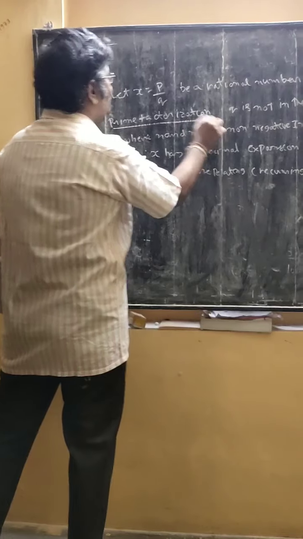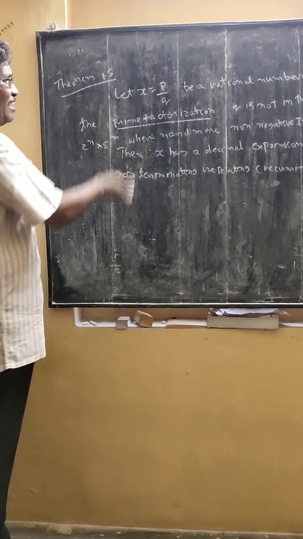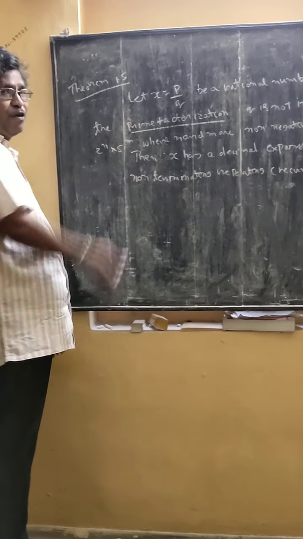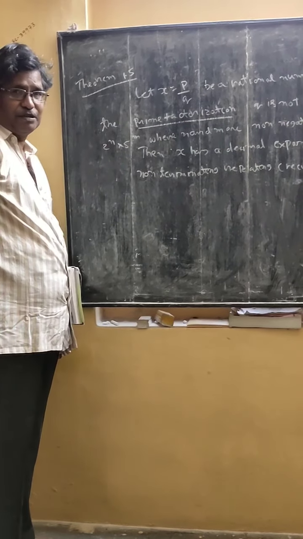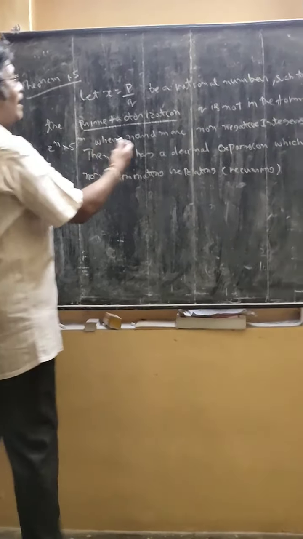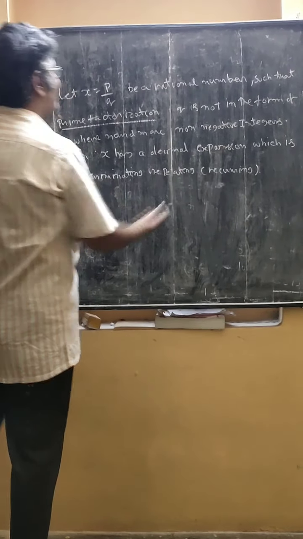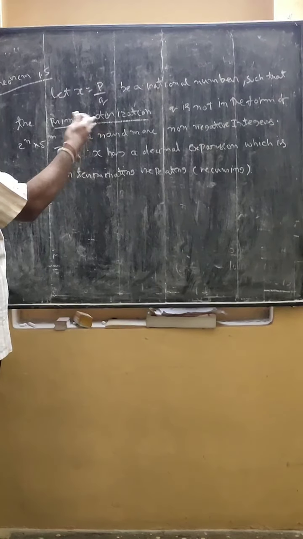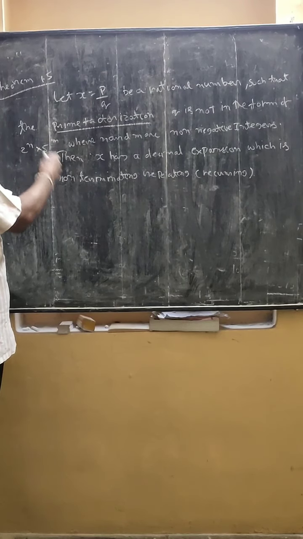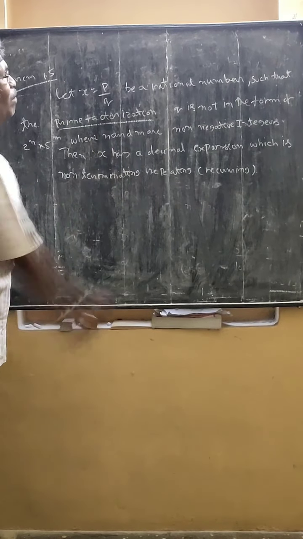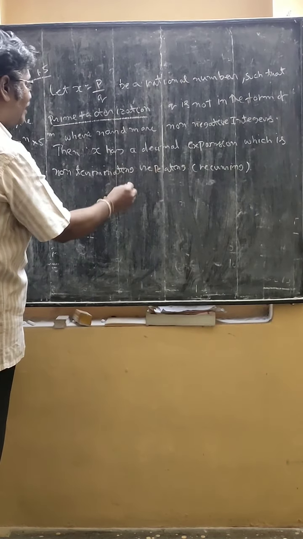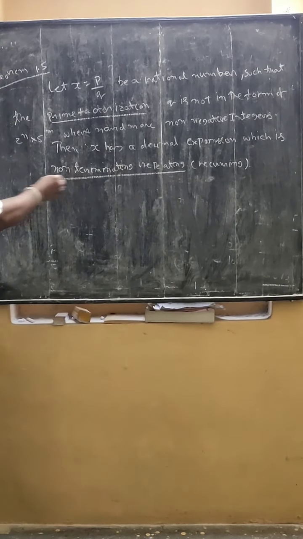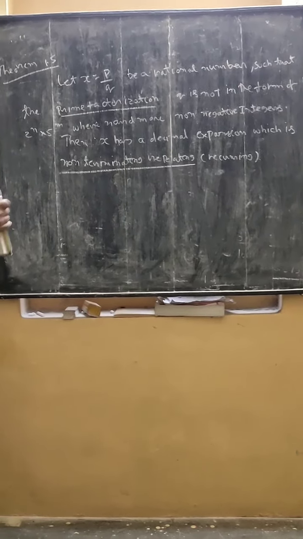We cannot prime factorize q into the form of 2 power n into 5 power m. We observed this in both the examples. So where n and m are non-negative integers, if q is not in the form of 2 power n into 5 power m, then x has a decimal expansion which is non-terminating and repeating.